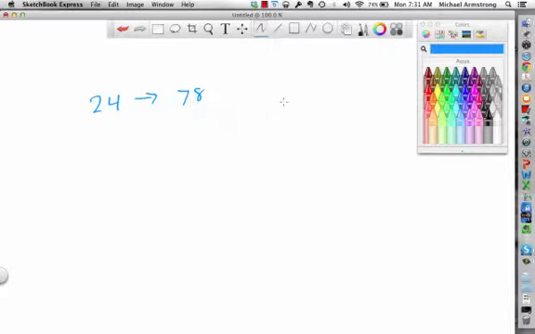So again, what's the amount of change? This is an increase, so we do 78 minus 24 over the original, which was what we started with, which was 24. So the difference between 78 and 24. 78 minus 24 is 52, I think.